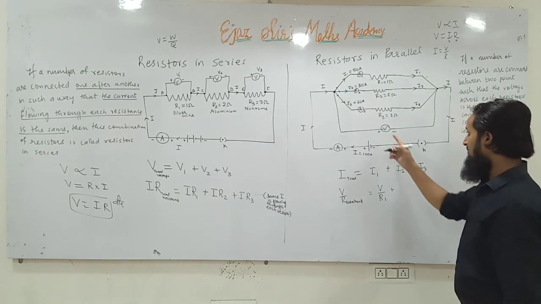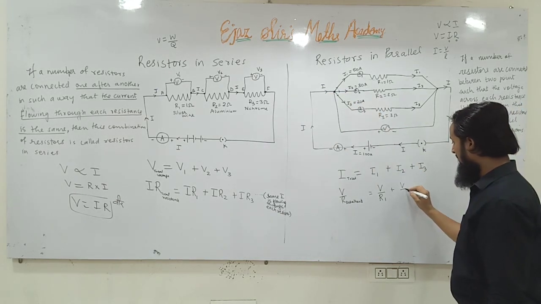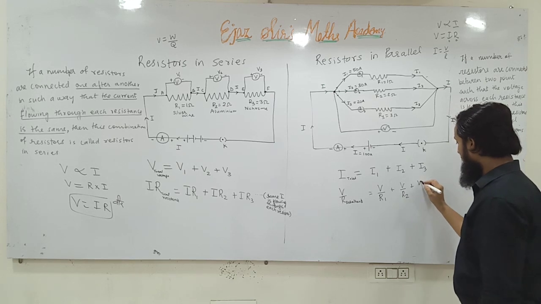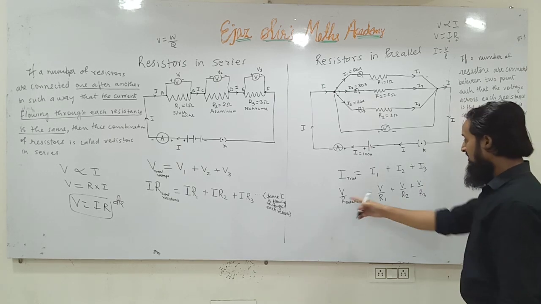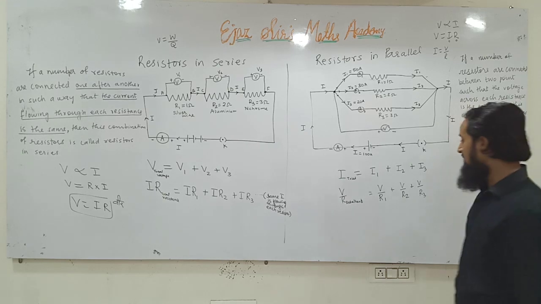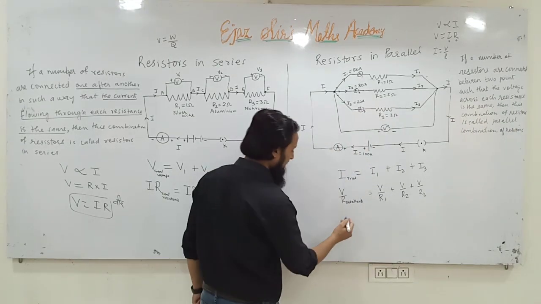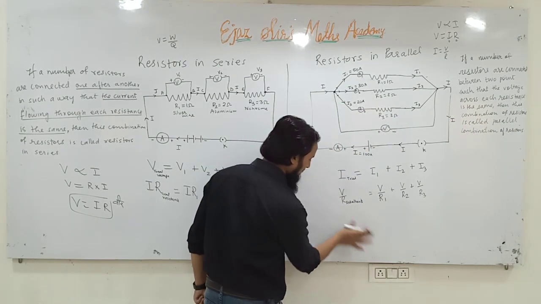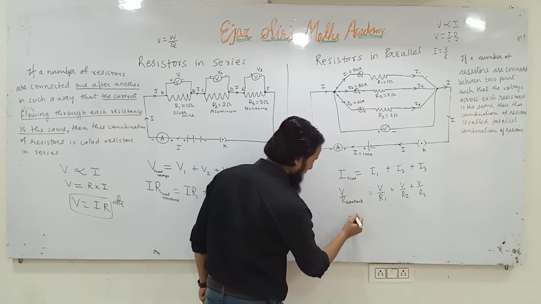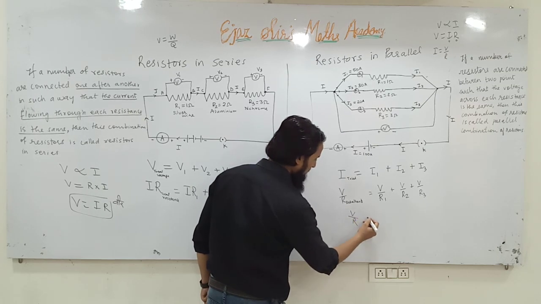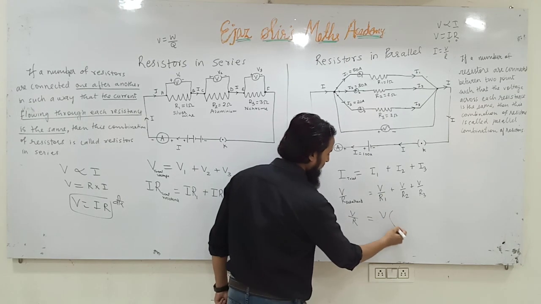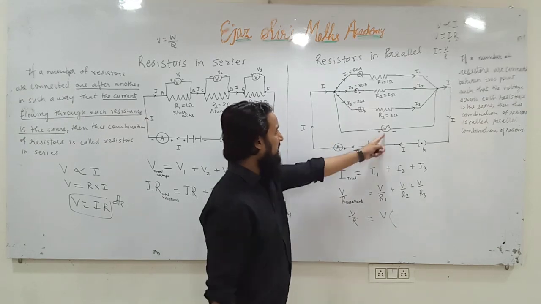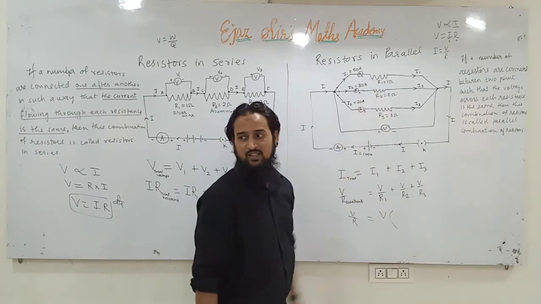And voltmeter, this is V upon R2 plus V upon R3. What is common here in these two? On LHS I can write V by R. On RHS what is common? Voltage is common. Why? Because voltage is the same for each resistor.